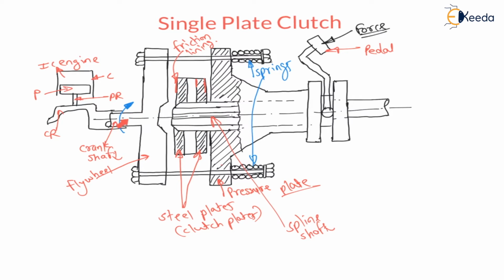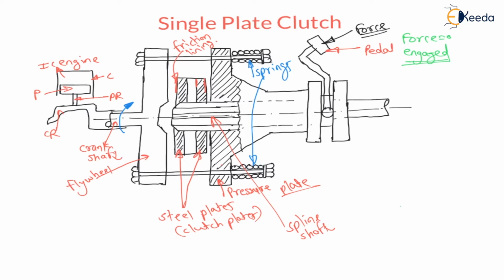And the flywheel is connected to the crankshaft, and the crankshaft is connected to the engine. Means whenever force is not applied on the pedal, they are in engaged position. Means if force is equal to 0, the clutch is engaged, and power is transmitted from the engine to the other parts of the machine element, right.